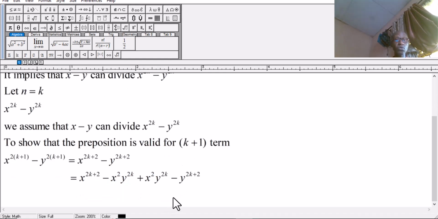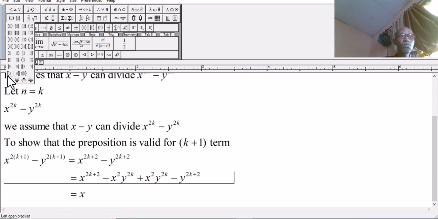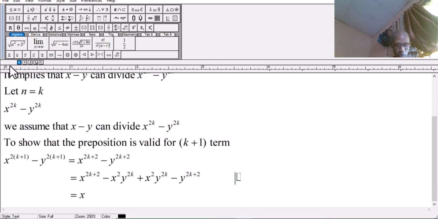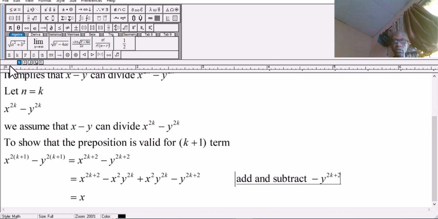So now we can factorize. What I did here was add and subtract x squared y raised to the power of 2k.